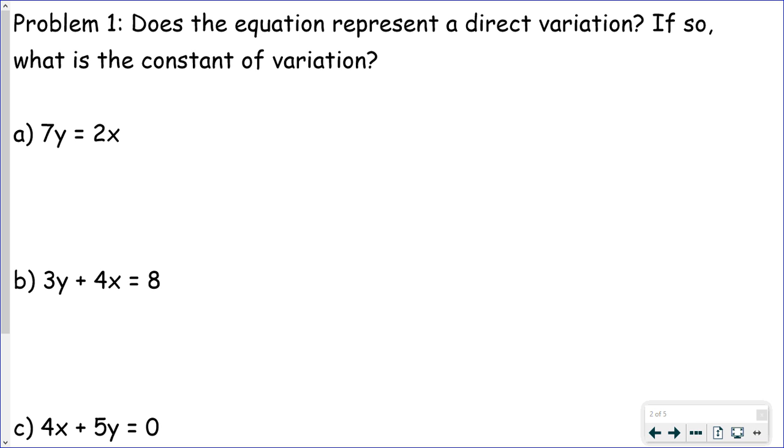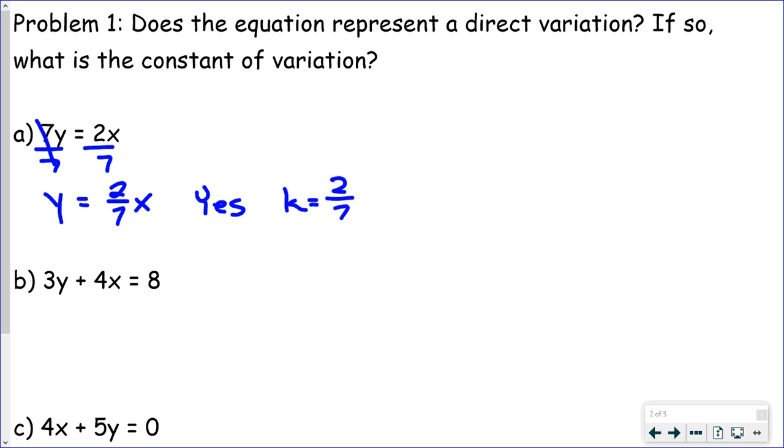For this one, I want to divide both sides by 7. Those will cancel out. What I end up with is y equals 2/7 times x. So this is a direct variation, yes, and the constant of variation is 2/7.